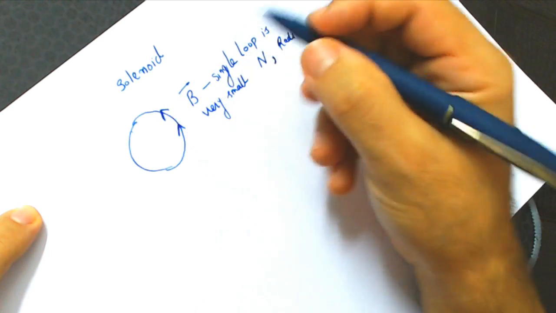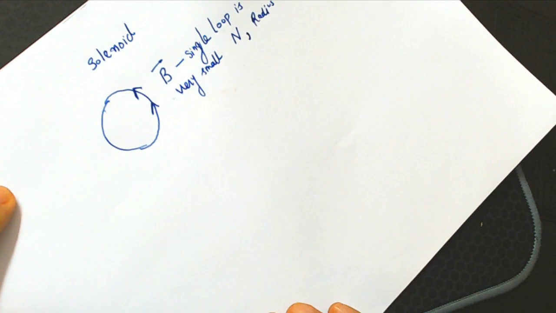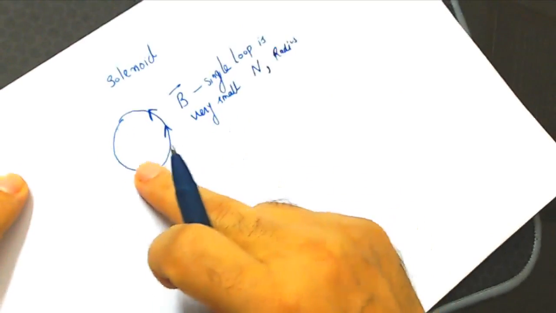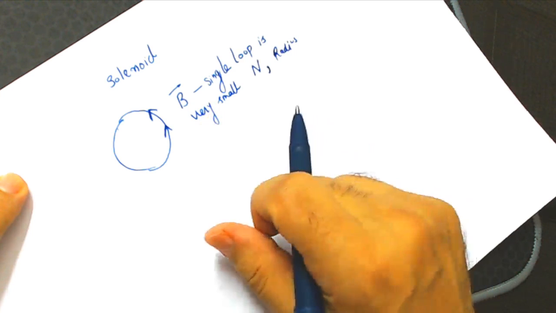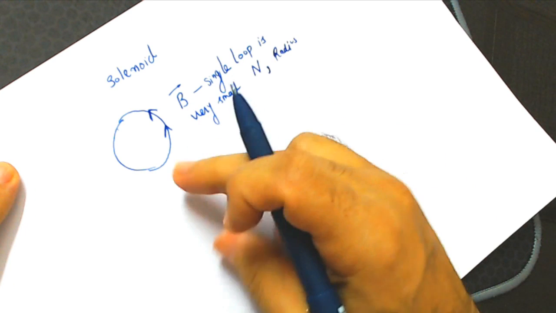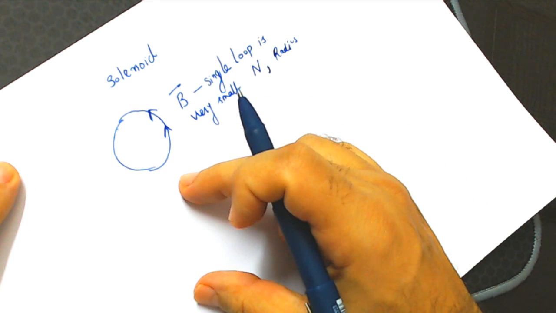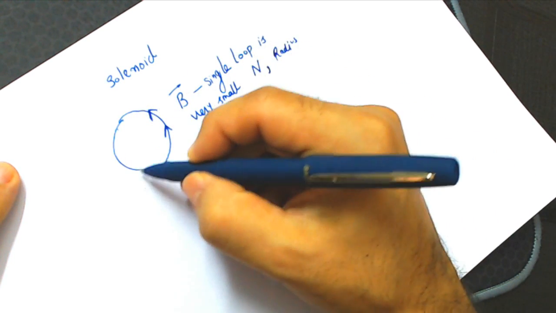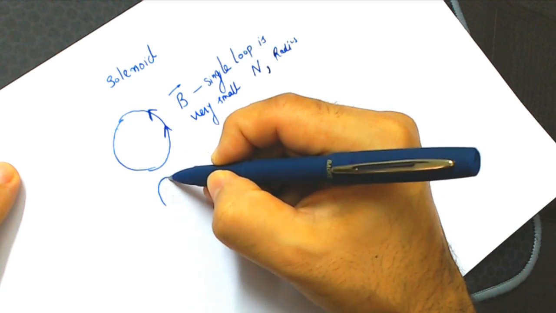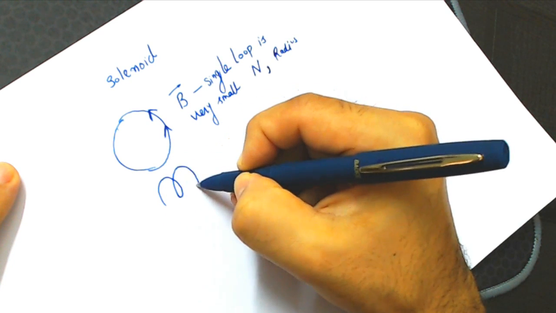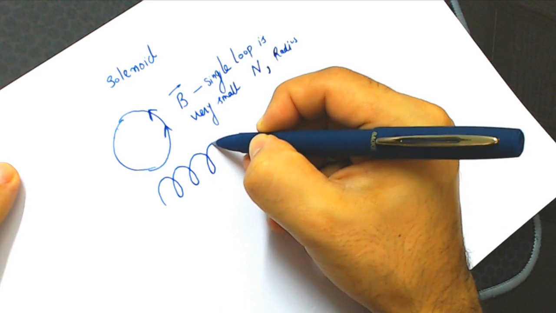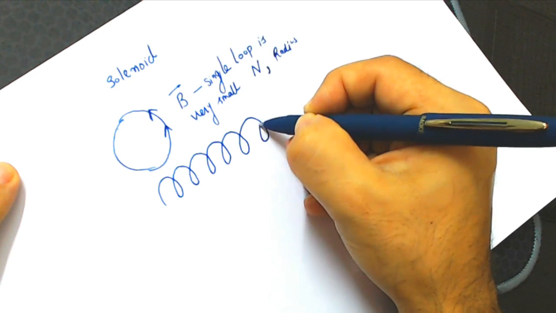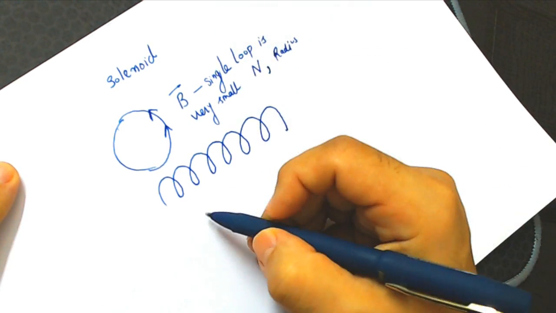Now, the way engineers overcome this problem of low magnetic field is by introducing a structure which is cylindrical and is organized in a helix pattern. So, instead of having one turn, they produce a lot of turns, and these are the turns that go into making a structure which you call a solenoid.